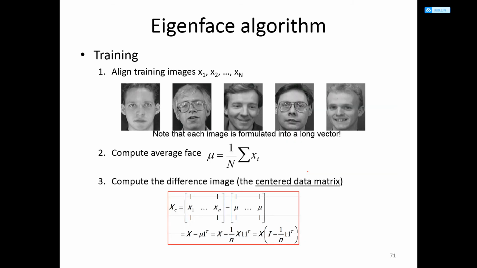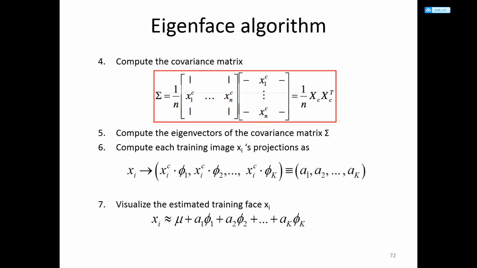And in terms of training, first of all, of course, we need to align the images as I mentioned. Then typically you need to subtract the mean first. This is a typical pre-processing step to make sure your data is zero mean. Afterward, you compute the covariance and then you diagonalize that.